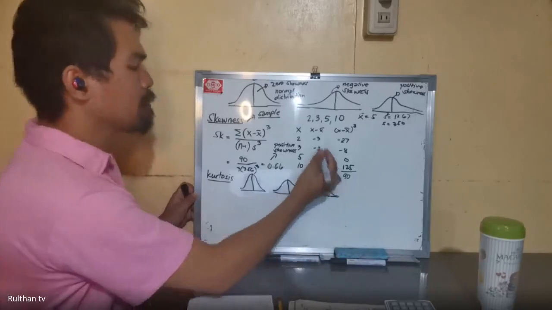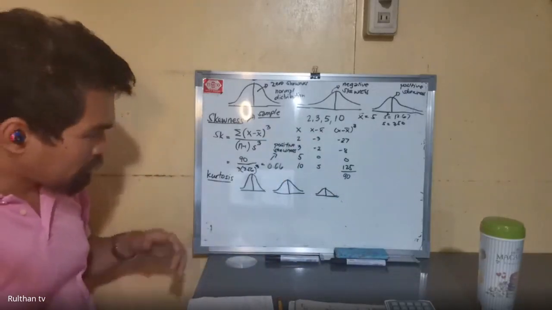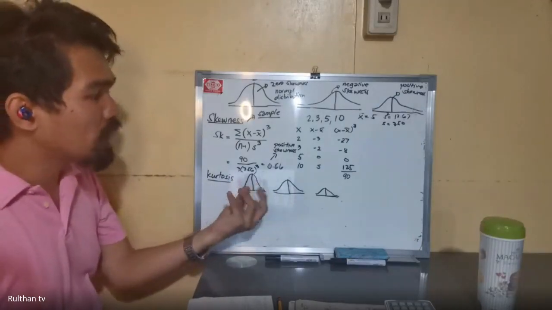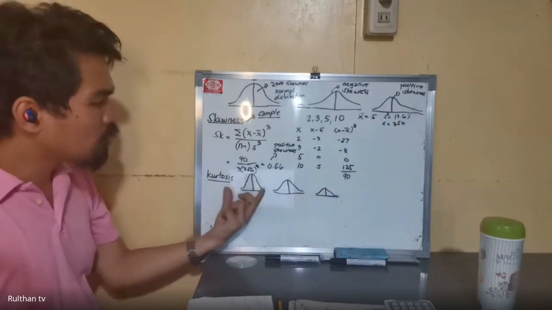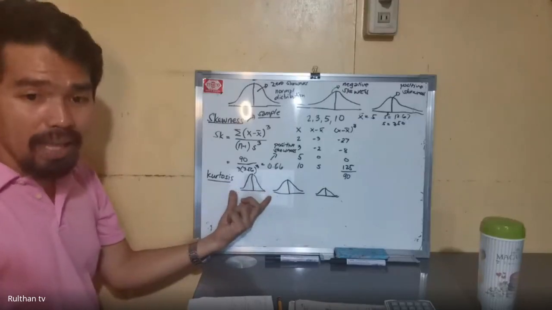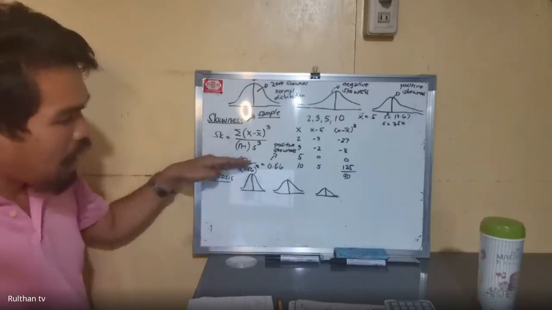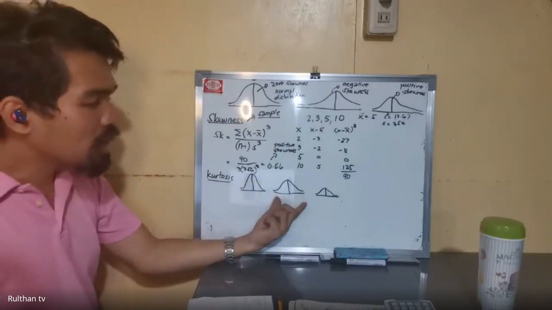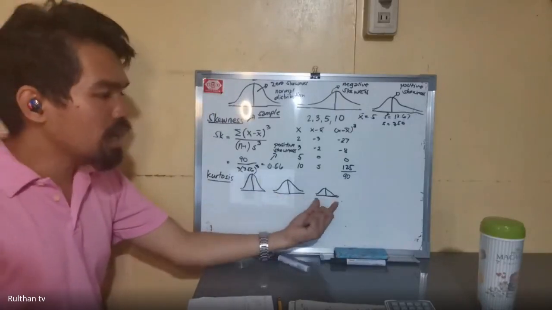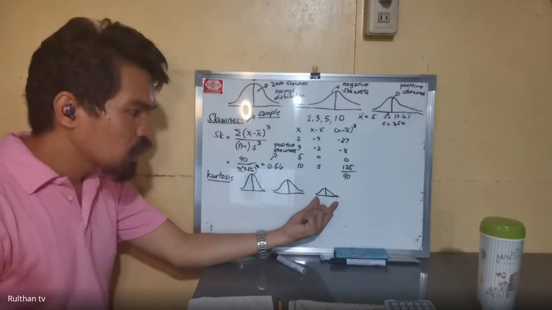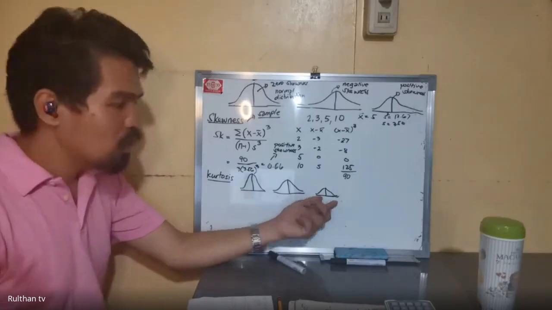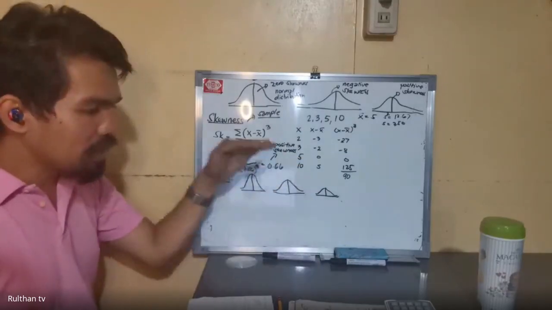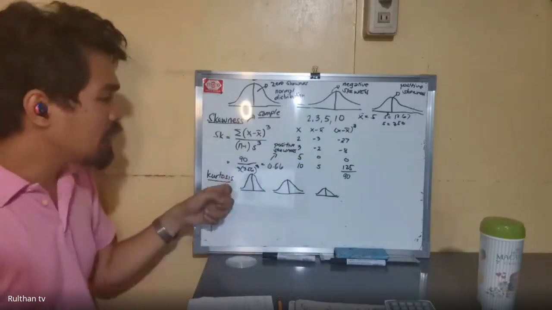Try with my drawing. Now, basically, if you look at this one, whenever you have it this way, you have a shorter tail but a higher peak of the graph. And then this one is the normal, and this one is a longer tail with a lower peak. The peak of the graph is shorter than this one.